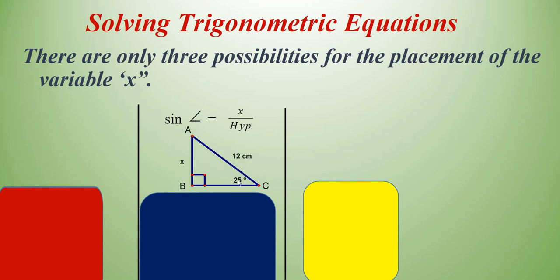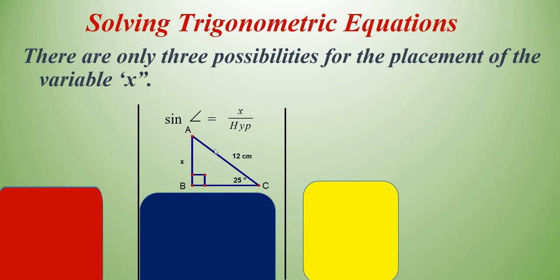We have triangle ABC right angled at B. The hypotenuse is 12 centimeters, the measure of angle C is 25, and the measure of angle B is 90. Find the length of AB.